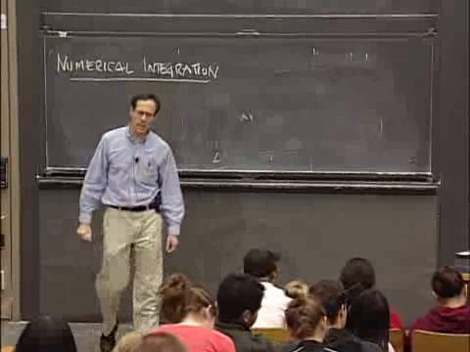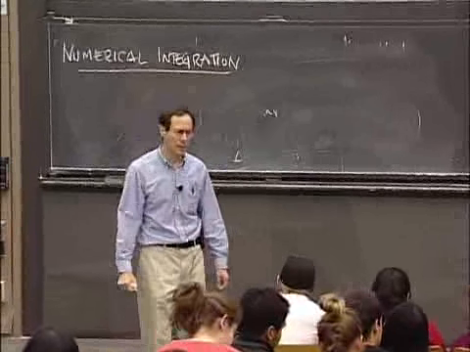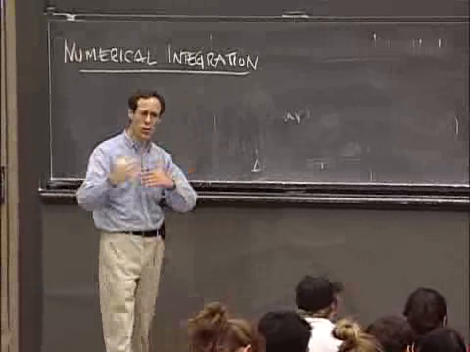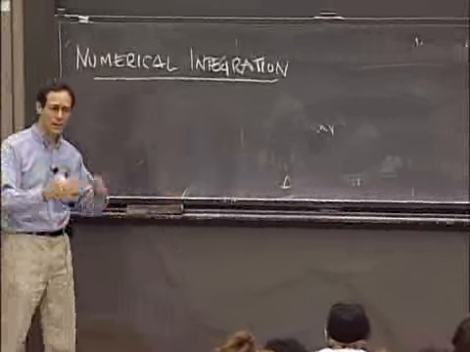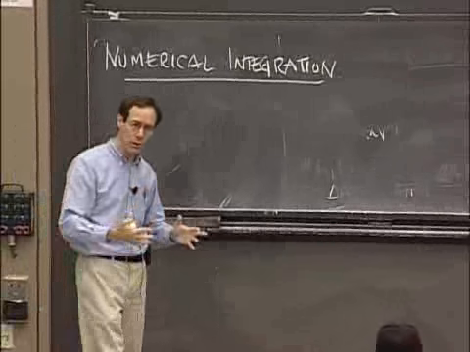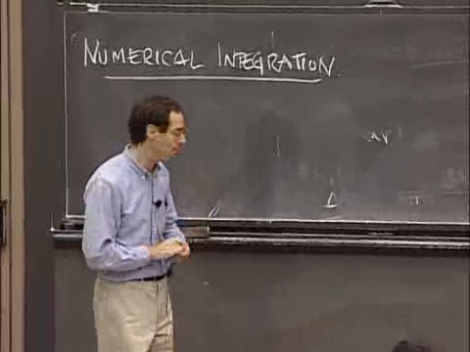There are many, many methods of integrating numerically, and they're important because many, many integrals don't have formulas, and so you have to compute them with a calculator or a machine.